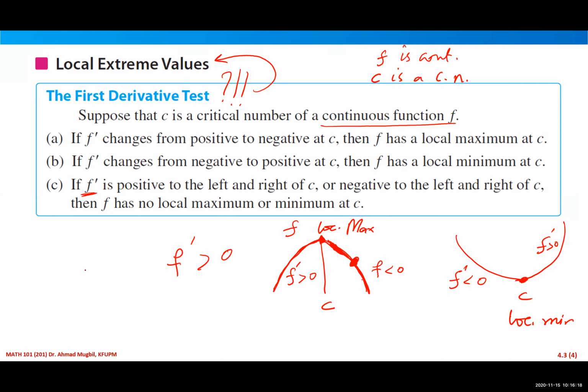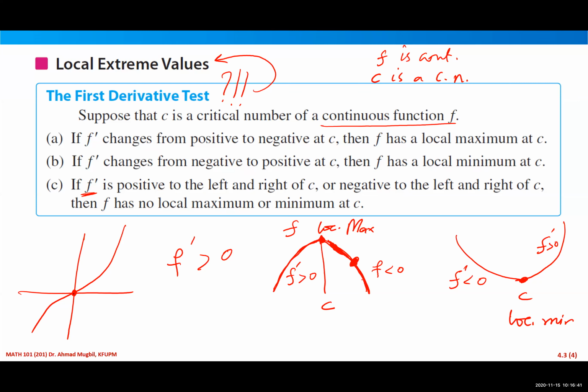Now, do you remember, ya shabab, who asked about the x cubed function? Me. Nawaf? Yes. First of all, is this function continuous? It is continuous. At zero, it has a critical number. The derivative at zero is zero.